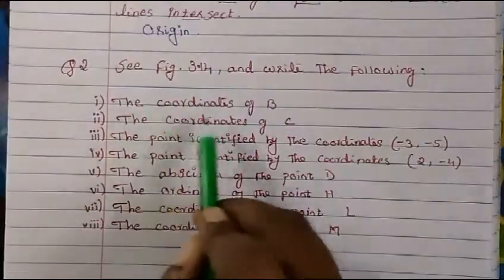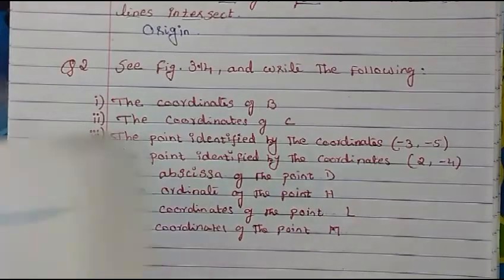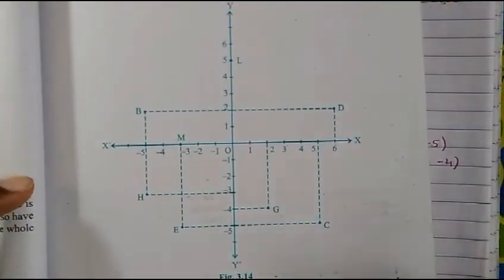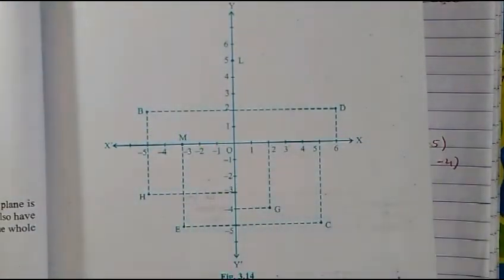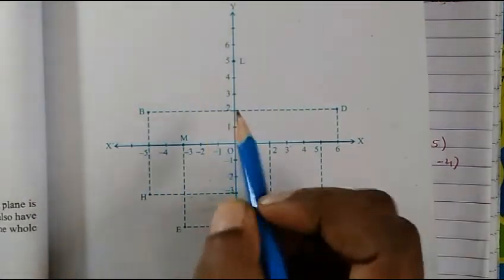So the question is, they are asking the coordinates of B. So let's see what is the coordinate of B. So B is here. Let me take the pencil.